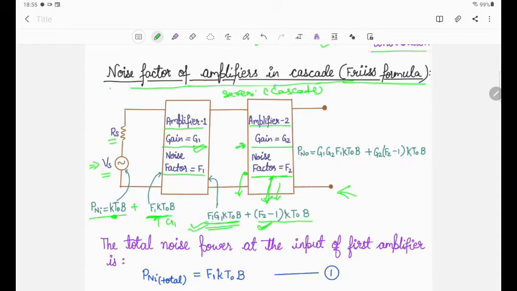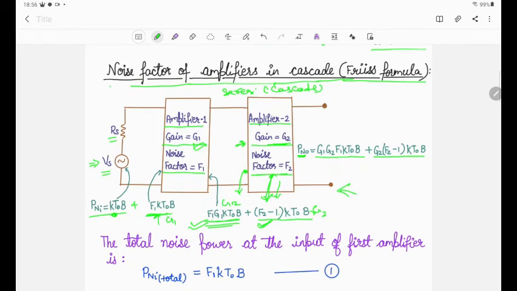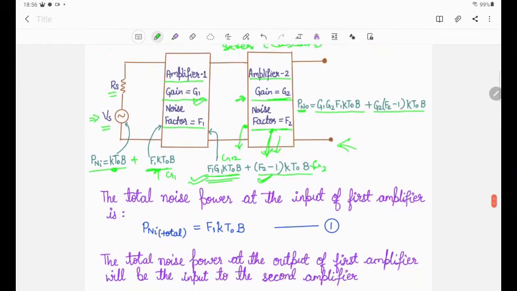So the total output noise power will be amplified by the factor G2, because the second amplifier has the gain G2. So the total noise output power will be G1 G2 F1 K T0 B, this term multiplied by G2, and the other term multiplied by G2, so we obtain G2 (F2 minus 1) K T0 B. Okay, so this is the total output noise power.